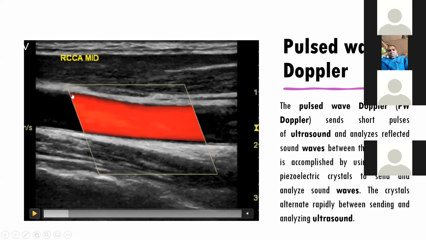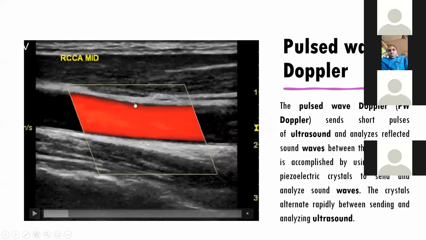Okay, but when you place your color box, this one, this is called ROI. So when you place your color box ROI, the machine will show us the information within the box. So you see here, because this is a blood vessel, blood flow is present, so it is producing color.